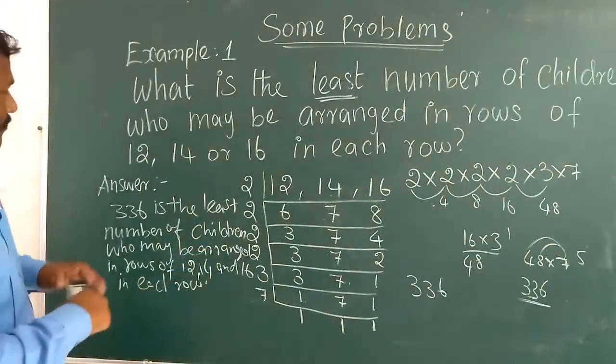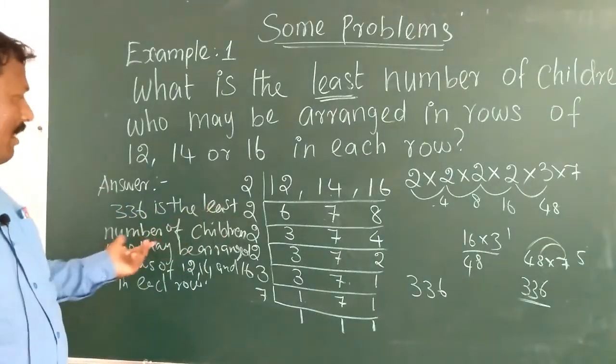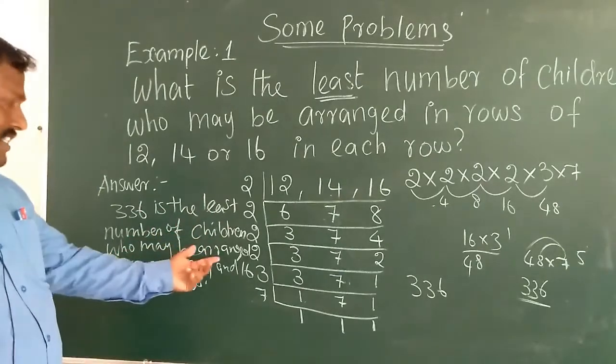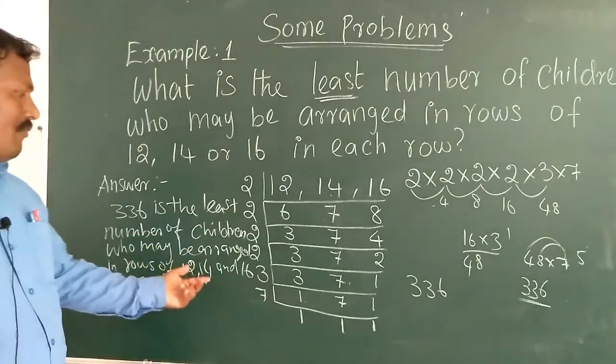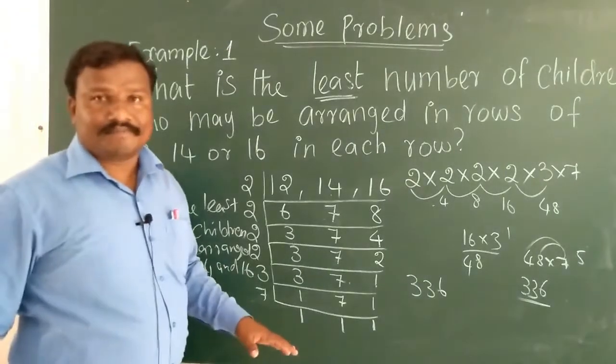This is the answer. So the answer is 336 is the least number of children who may be arranged in rows of 12, 14 or 16 in each row. This is the answer.